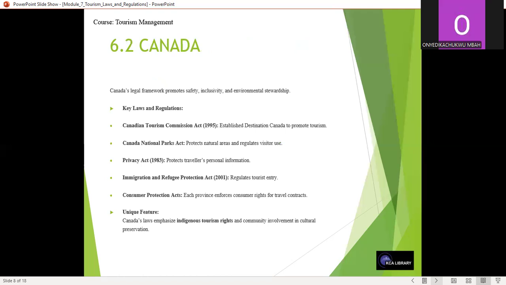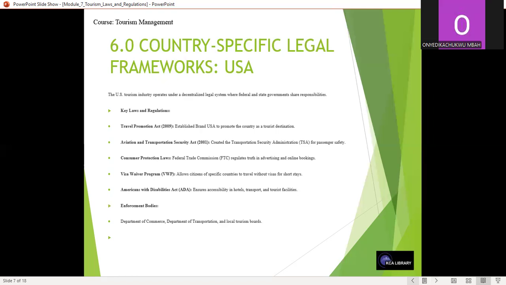So key laws and regulations. We have the Travel Promotion Act of 2009, which established Brand USA to promote the country as a tourism destination.